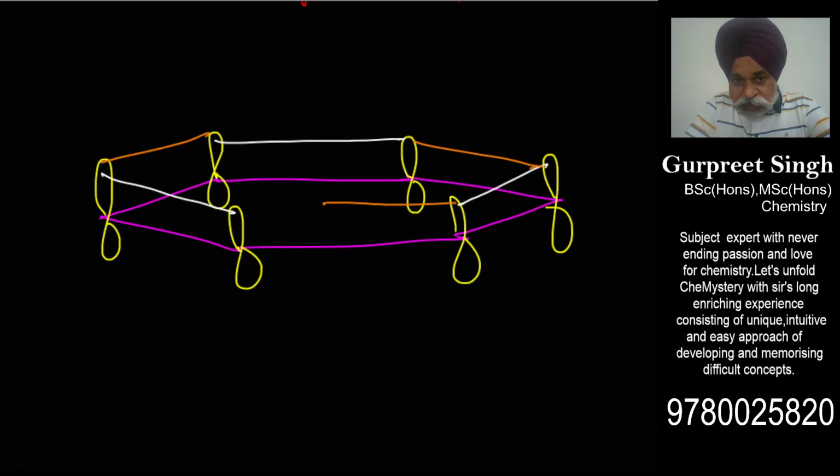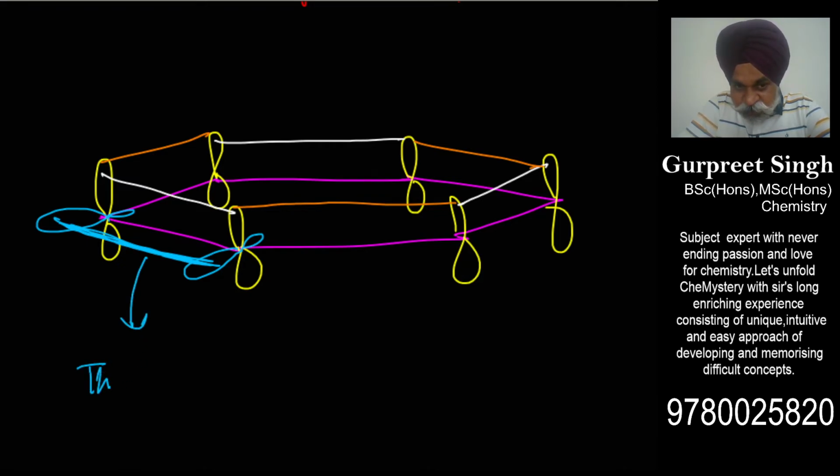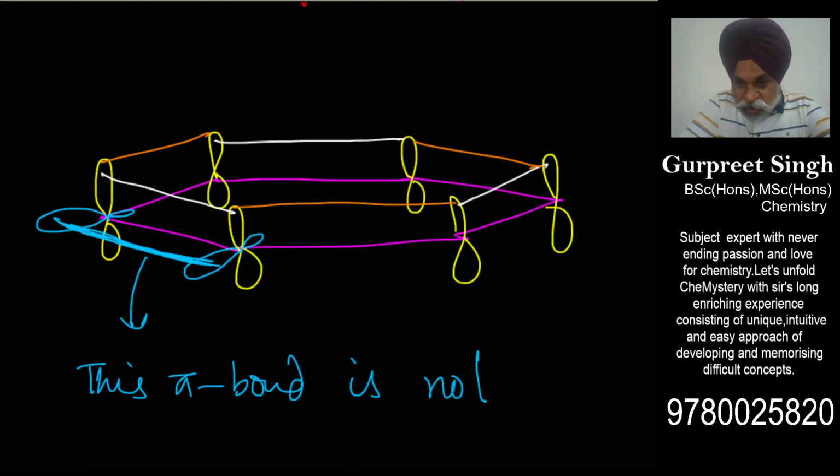But the orbital which I am now referring to with the blue marker, this particular orbital is sp2. The inside lobe is smaller in size, as we see in an sp2 hybrid orbital. And this is the sideways overlap being done. And this particular pi bond is not involved in aromaticity.